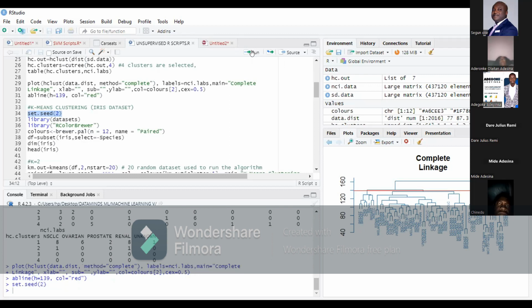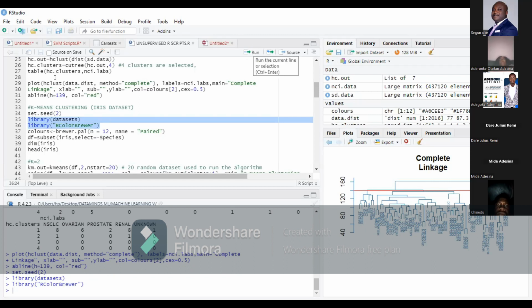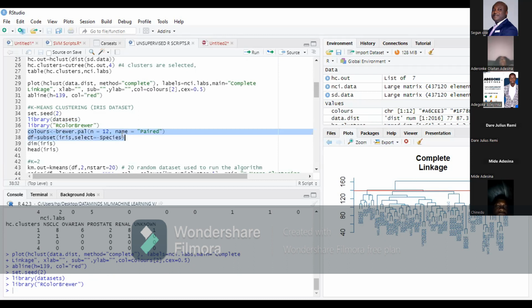So we have set seed to be 2. Then our library, we call library data set, library color library. We already run this. So just like we did earlier, let's say we have lines 37 to 38.